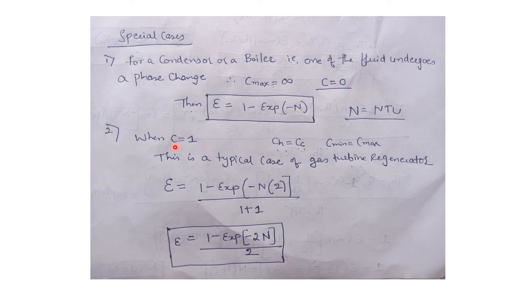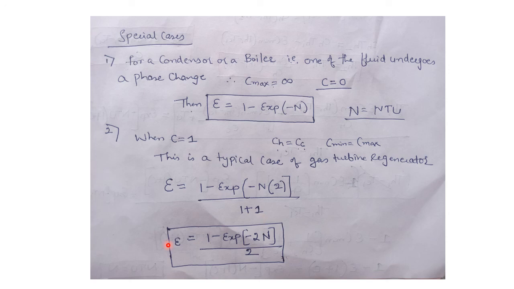This is a typical case of a gas turbine regenerator. If the problem is based on a gas turbine regenerator, we get the value of C as 1. There the effectiveness of this heat exchanger is given by effectiveness equals 1 minus exponential of minus 2N, divided by 2. I have substituted these values in the standard equation.